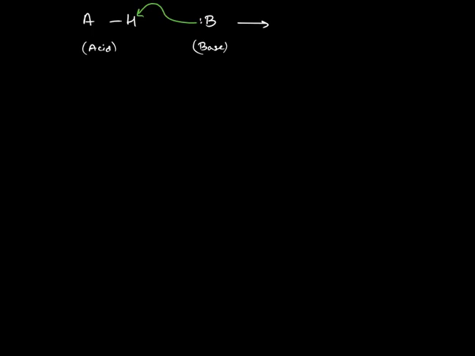The acid unshares electrons from the hydrogen, turning that bond into a new lone pair. You end up with somebody with a new lone pair, and what was the base will now have a new bond. And that's it.